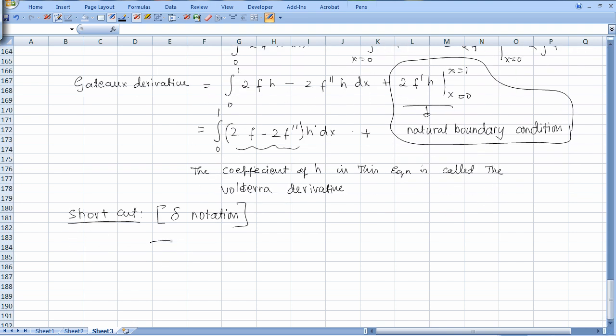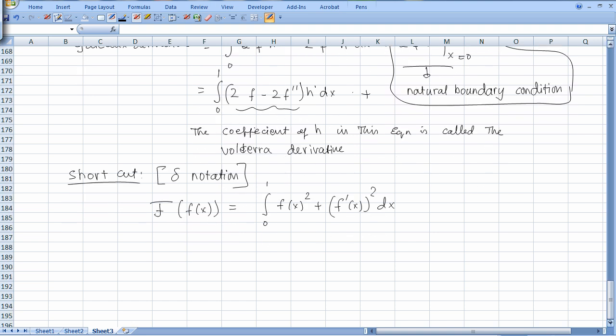So I'm going to write f of x equals integral 0 to 1 of f of x squared plus f prime of x squared. I'm going to do a small variation of f of x. This is represented as delta f of x.